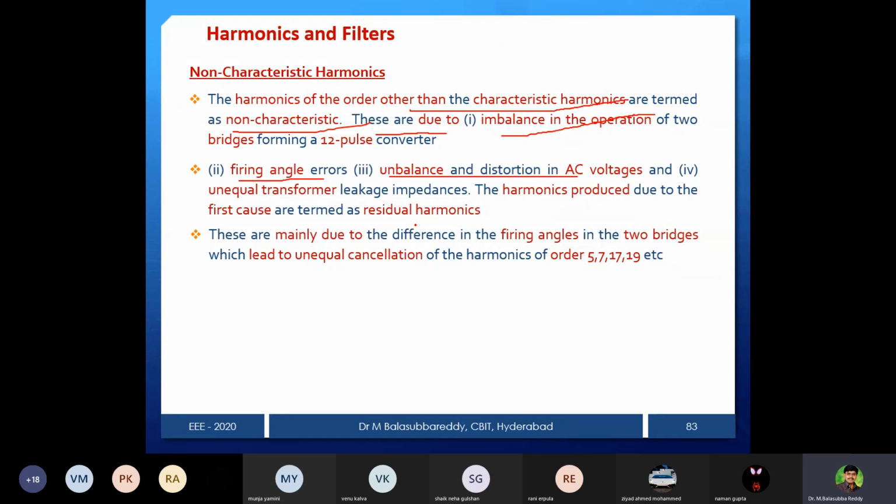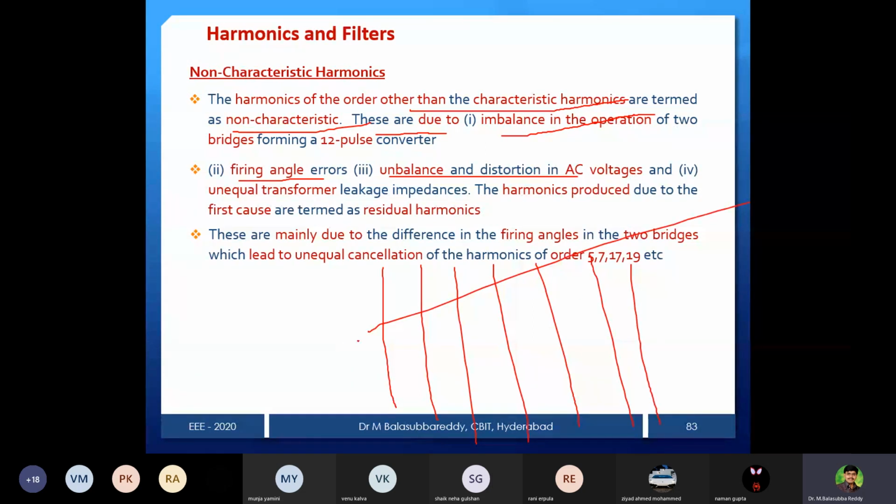As you are aware, consider a 6 pulse converter. Whatever the device conduction is, for example, if at this instant devices 6, 1, 2, 3 and so on are conducting, a firing angle error means that instead of this instant, the firing pulse is missing and the device conducts after this instant.